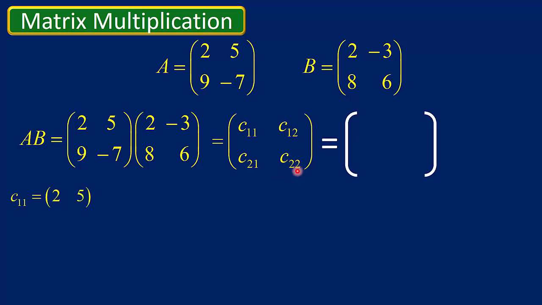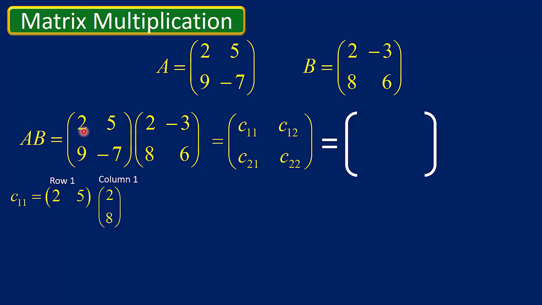Now let's look at how we would multiply these together. To get this C11 right here, I'm going to take row 1 from this matrix A, see, and multiply it by column 1 of matrix B. Now, what I'm going to do is distribute this row 1 through here completely, and then distribute row 2 through here completely.